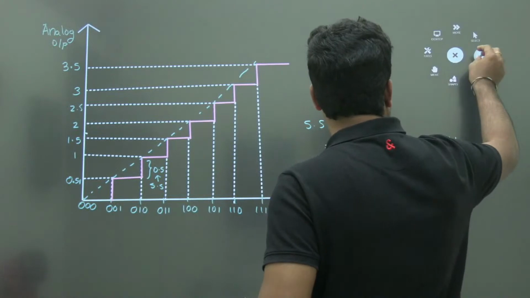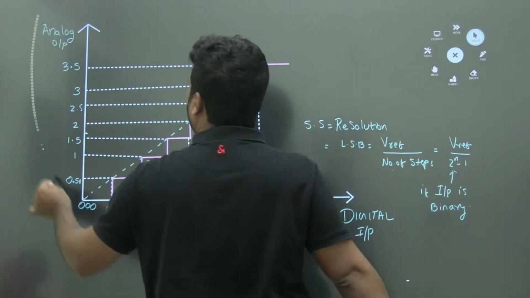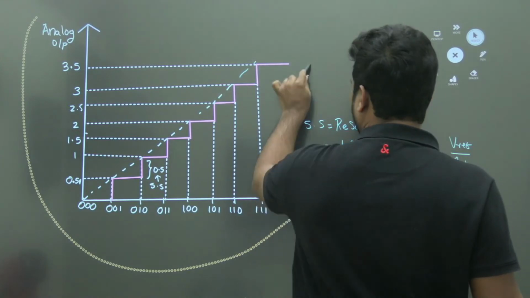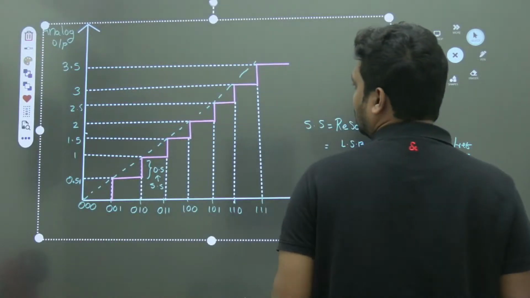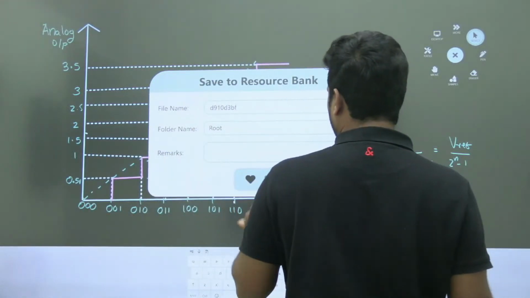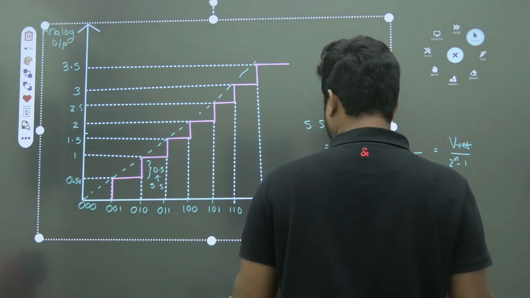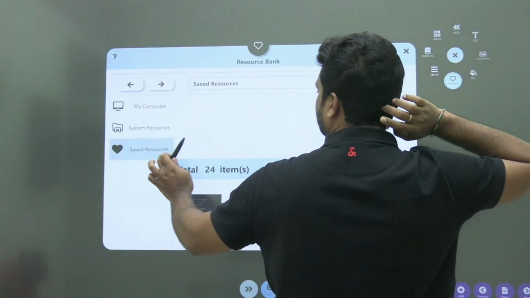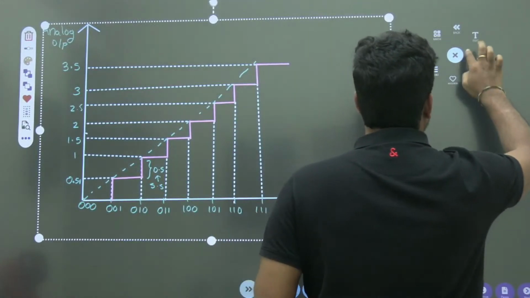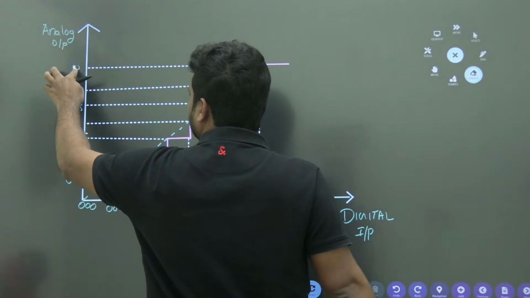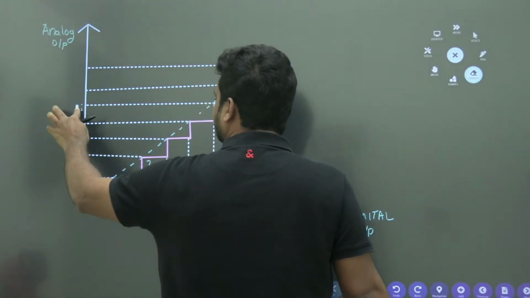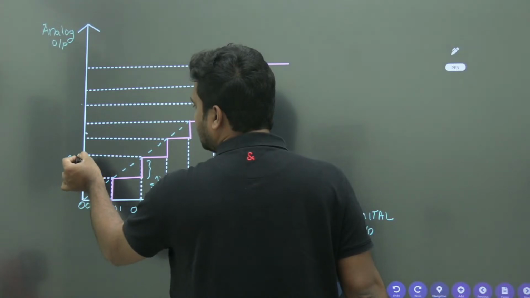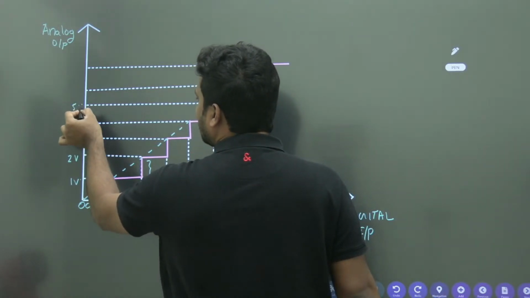For example, now see. Suppose for every bit the output is changing by 1 volt, 1 volt, 3 volt, 4 volt, 5 volt, 6 volts, 7 volts.